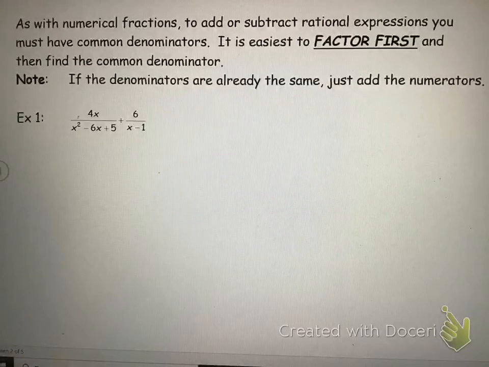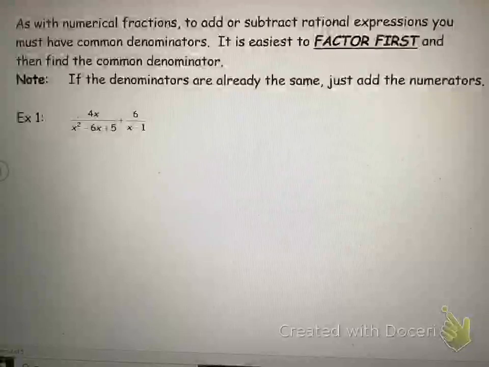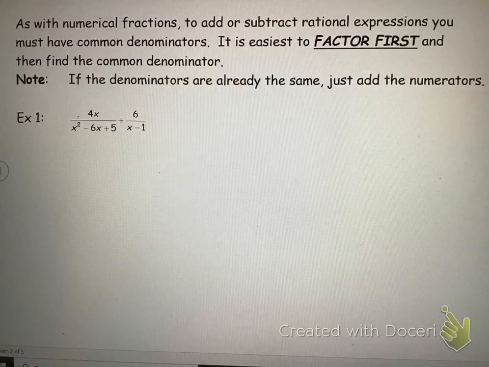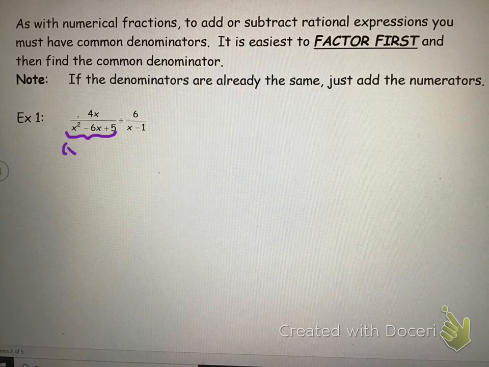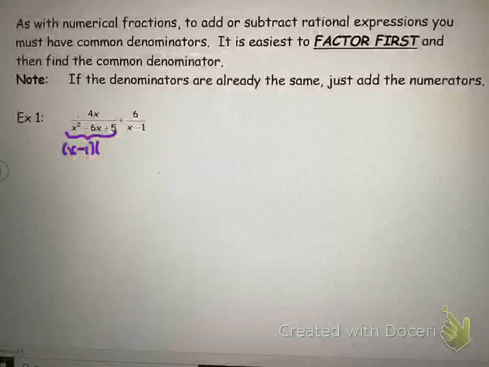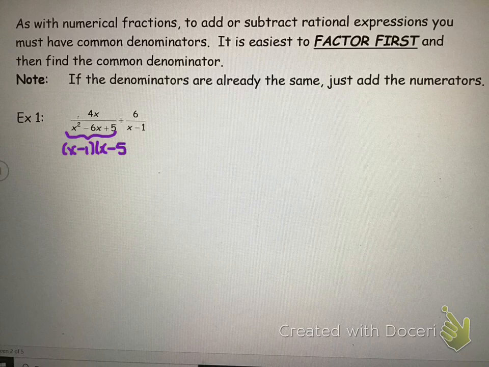In order to figure out what our LCD is going to need to be, we need to figure out what factors the denominators have. So we factor this quadratic right there. That quadratic factors as x minus 1 and x minus 5. So both denominators have an x minus 1 in them.